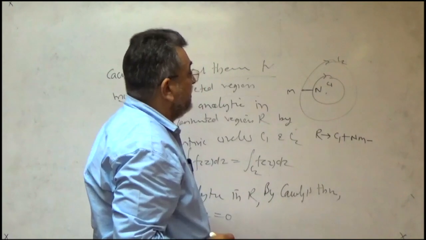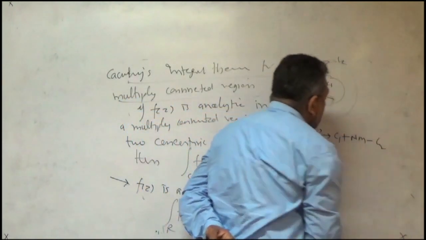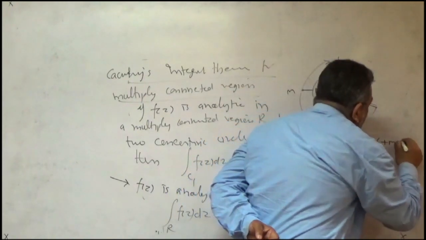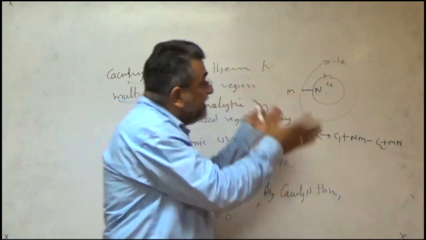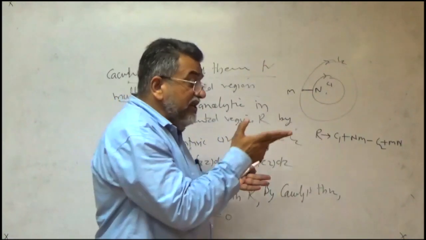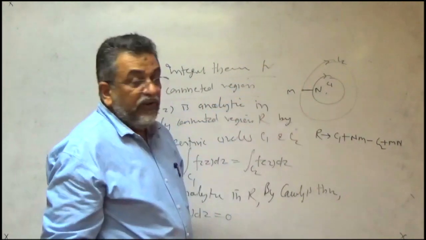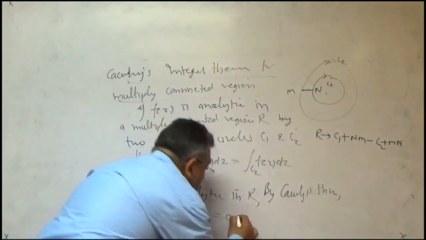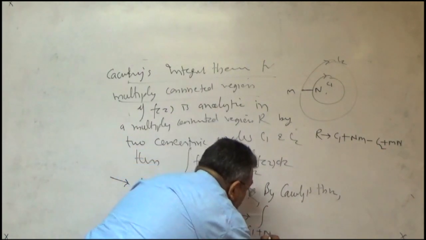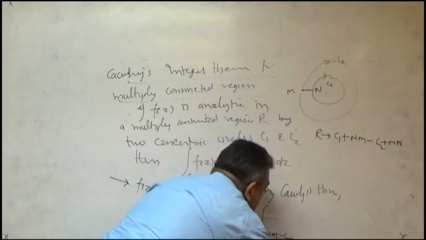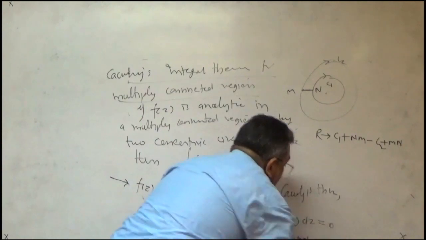But C2 is traversed in reverse, so we take minus C2 and then MN. Actually, if we take two concentric circles C1, C2, and we take a cross cut and open this, we get this type of figure. So the boundary of R is C1 plus NM minus C2 plus MN, and the integral of f(z) dz is equal to 0.